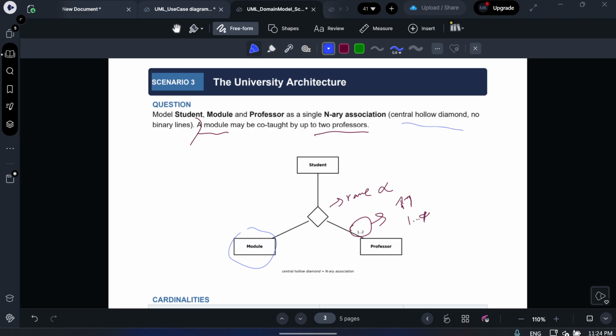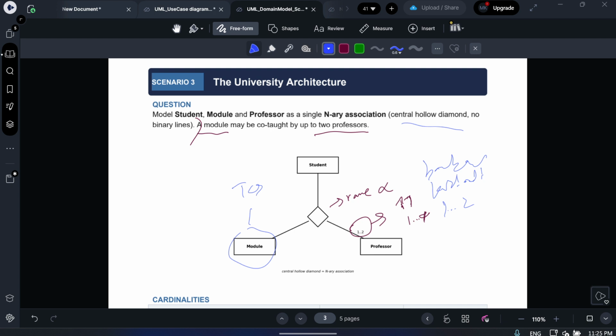So if we know that a module exists the same, but one module is taught by 2 professors, the same module, TCS, is taught by Barbara and also by Kistowski, for example, then you know that it's 1 up to 2 professors, so you can write 1 to 2.